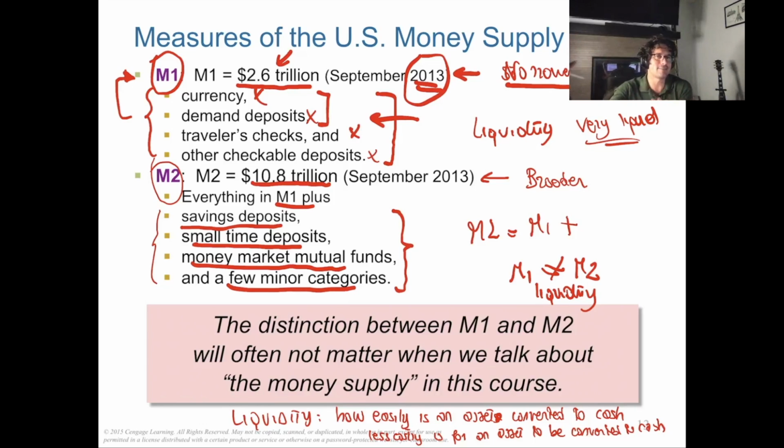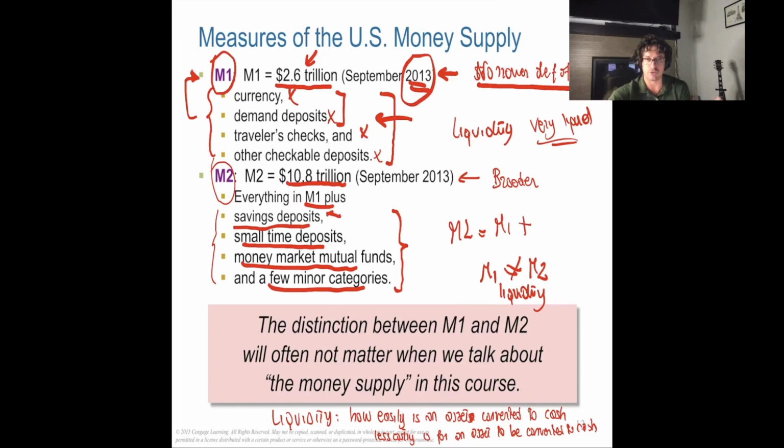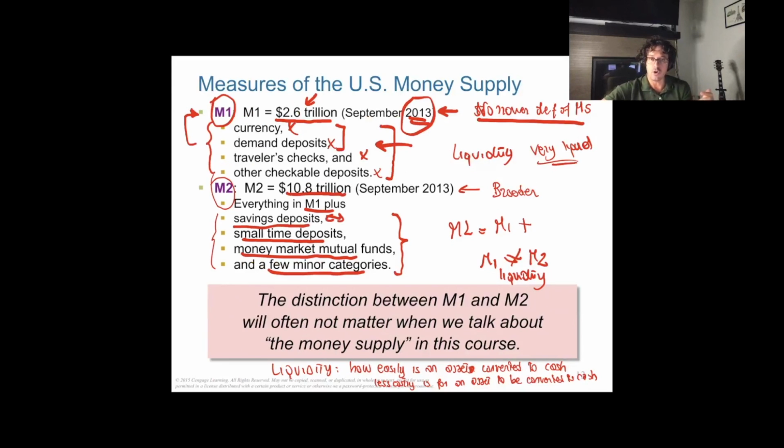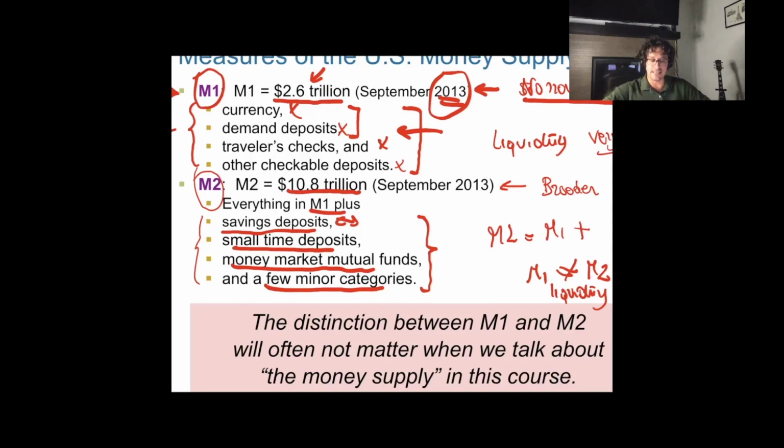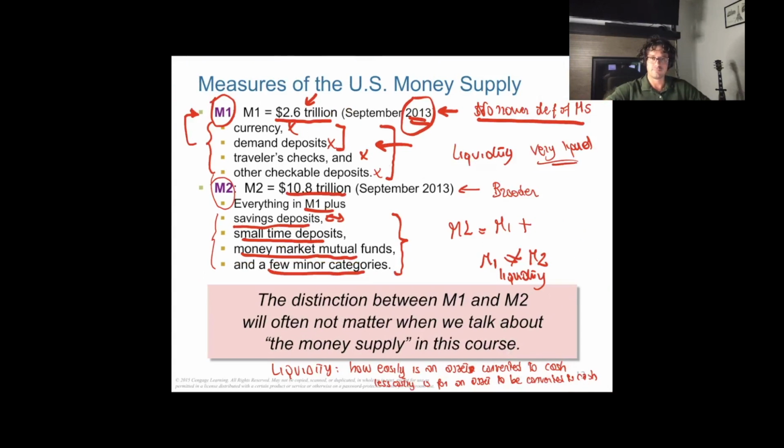But the bank asks you, in exchange for this interest rate, to give advance notice if you want to make these deposits available for transactions. So savings deposits are not as readily available as demand deposits.